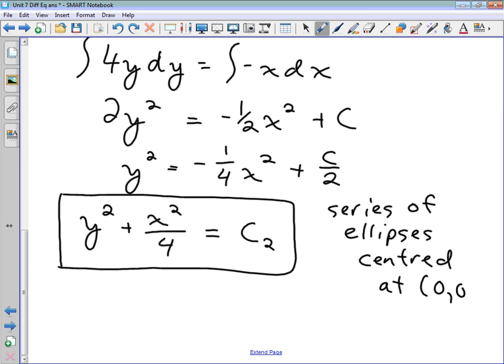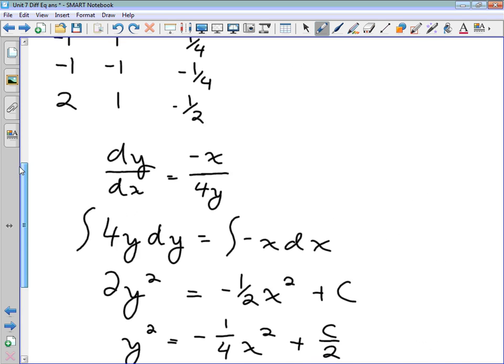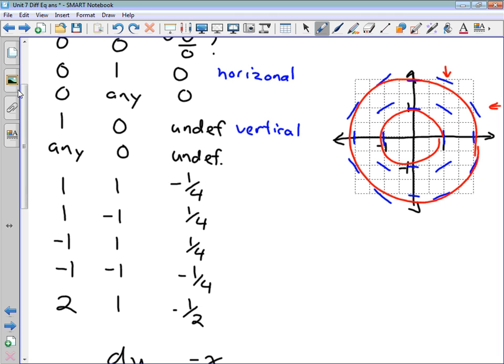Basically, if we change the value of that constant, c2, it's going to change the radius of our ellipses. And that's exactly what we see in this direction field. We've got a series of ellipses. These aren't quite circles, but they're ellipses. And if we choose different values for that constant of integration, we'll get different radii for these ellipses.